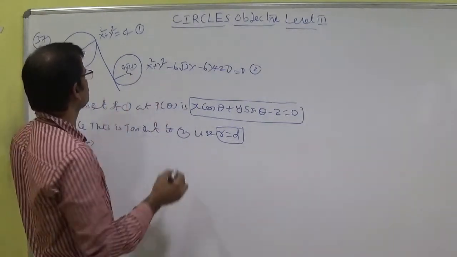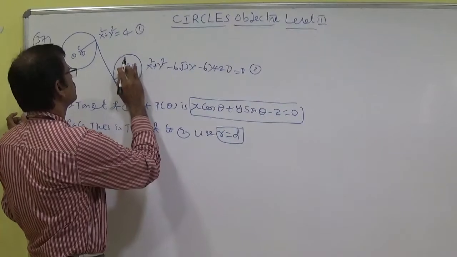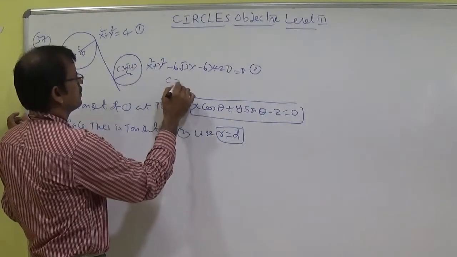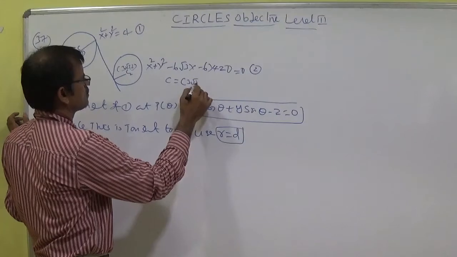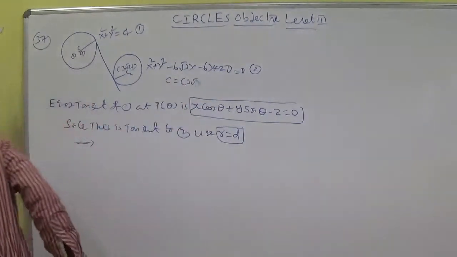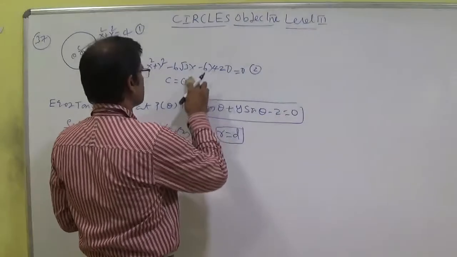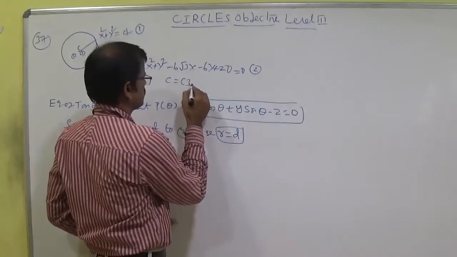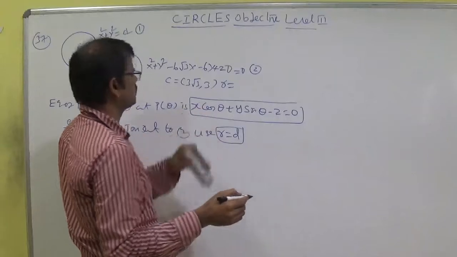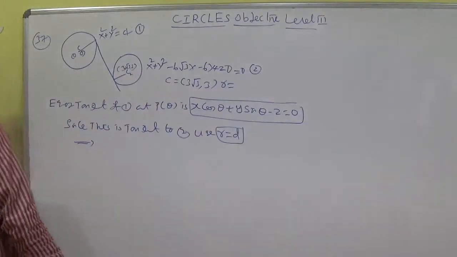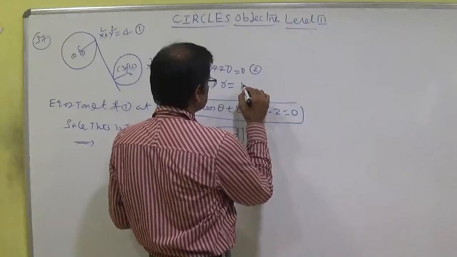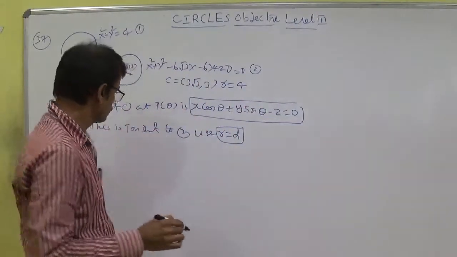For the second circle, the center is 3 root 3 comma 3, and the radius is the square root of g square plus f square minus c: 3 root 3 whole square is 27, plus 9 is 36, 36 minus 20 is 16, which means 4.